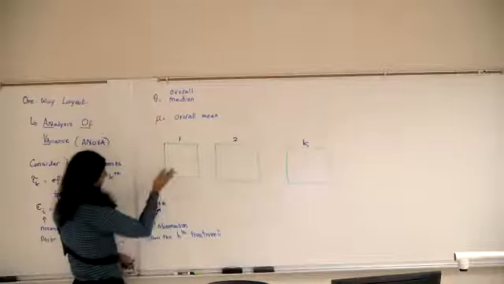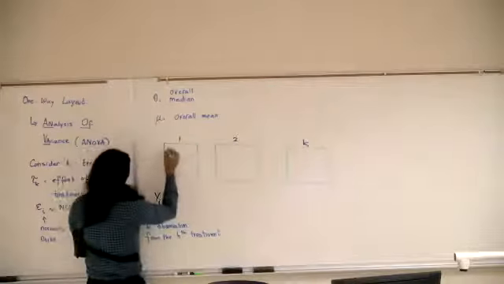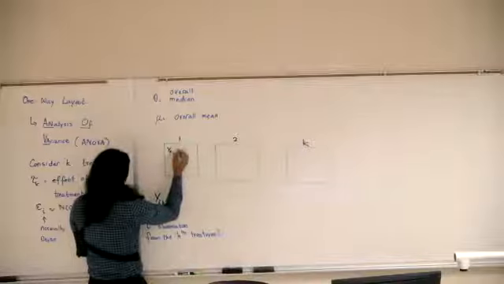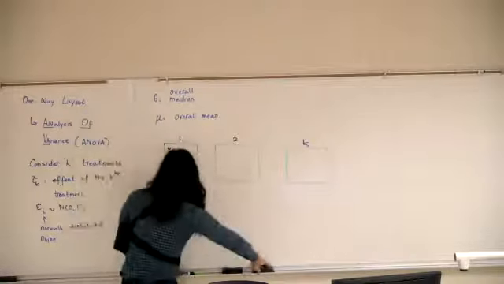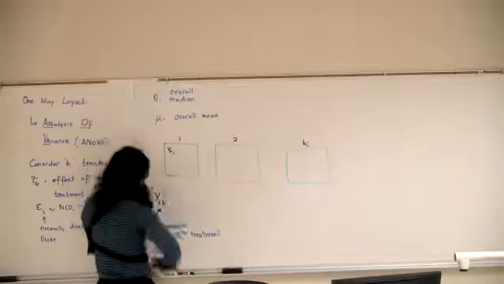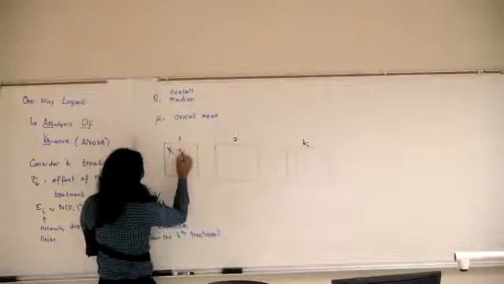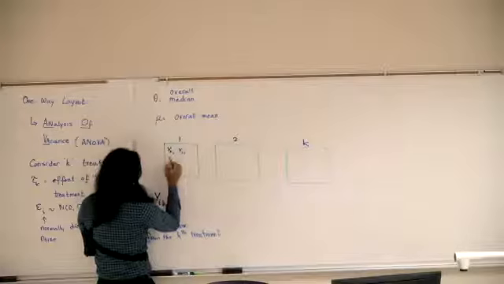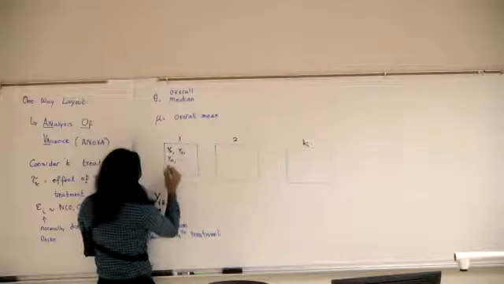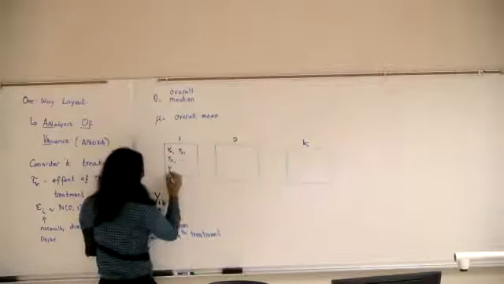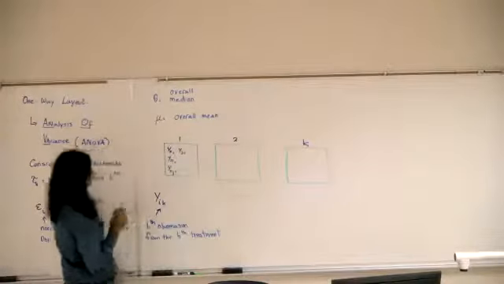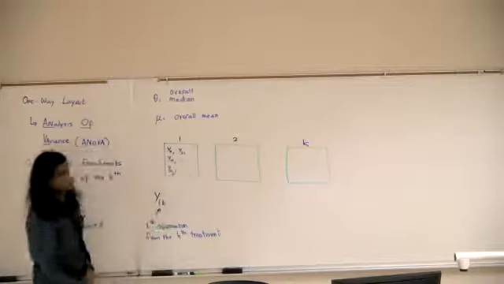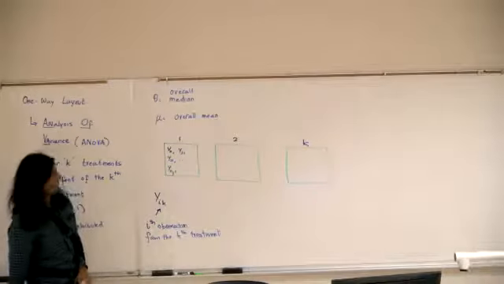So in the first sample, this would simply be Y11, Y21, Y31, dot, dot, dot. I'll call it Y n sub 1 1, because I can stop at n sub j.